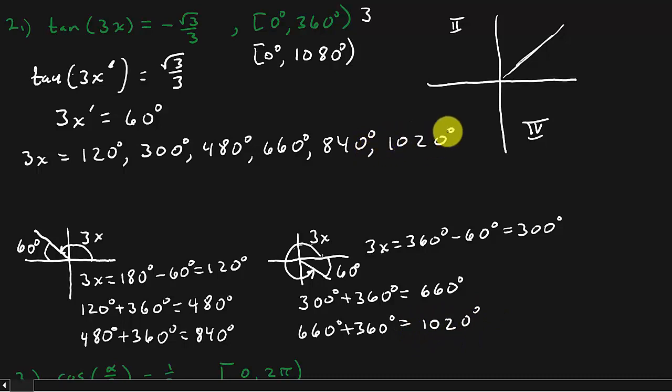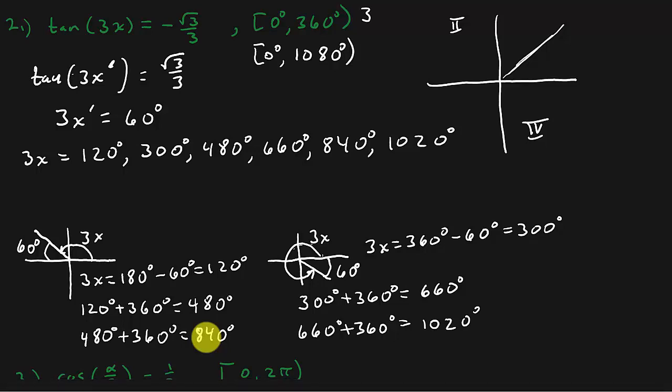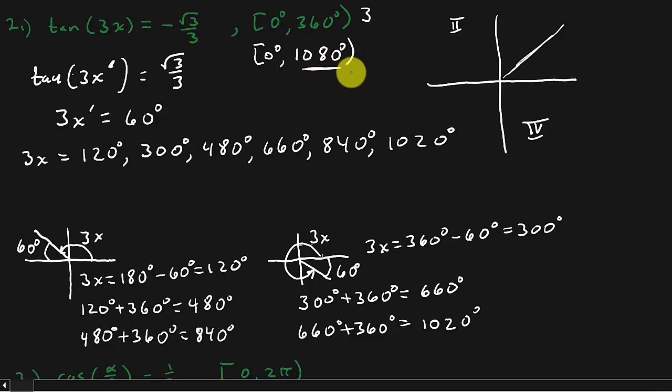So that's what 3x equals. And you can see, you don't need to add 360 again, because if you do 840 plus 360, that gives you 1200, which is larger than the 1080.